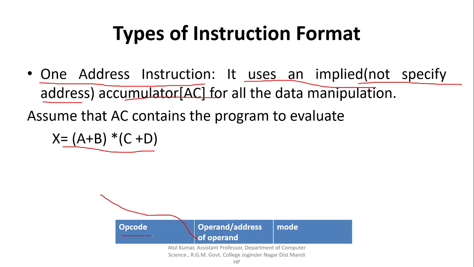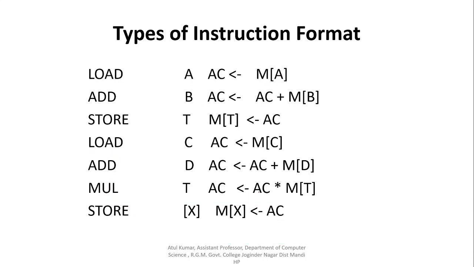We have an opcode and only one address, so it is a one address instruction. Load and store are two instructions used to move content from memory to accumulator, or from accumulator to memory.